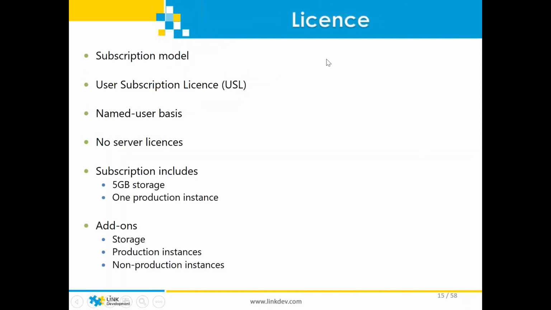Okay. Now, the license. There are two types of licenses in general. The perpetual license, where you buy the software itself and have access to it indefinitely, and then the subscription model, which is similar to what you do for your cable TV or satellite subscription, or maybe your mobile subscription.